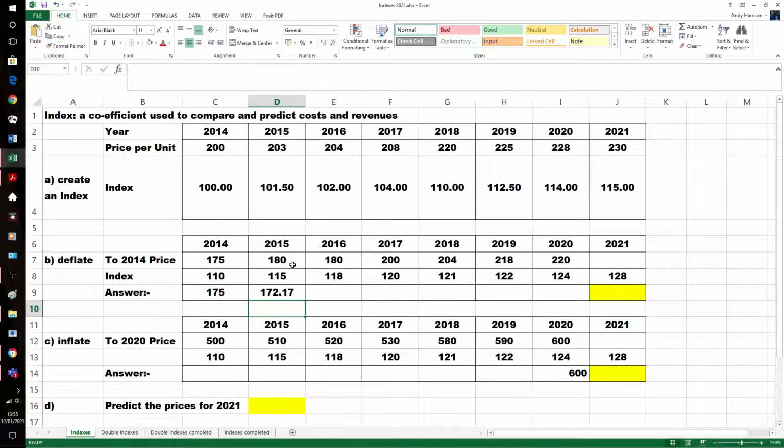So 180 in 2015 is equivalent to 172.17 in 2014. So that's a good deal. Buyer's done a good job. In 2016, the price is again 180, and the index has gone up, so this should be a better job.